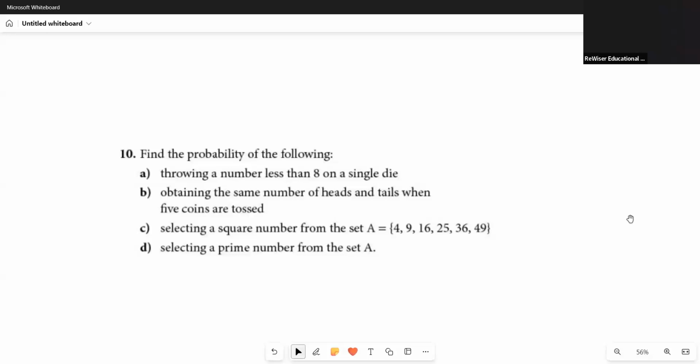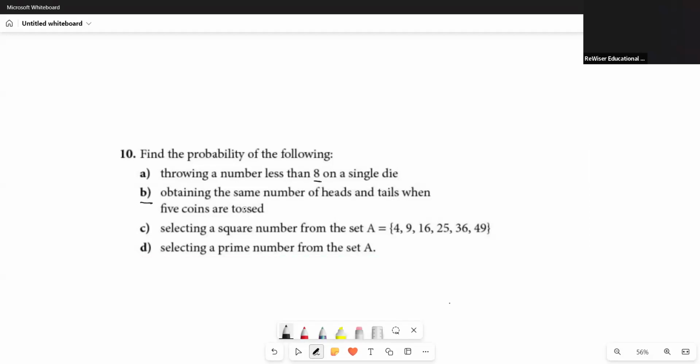Throwing a number less than 8, like 1, 2, 3, 4, 5, 6, will occur. So if I'm talking about the numbers 1, 2, 3, 4, 5, and 6, the probability has to be 1. But the number 7 will never occur. So that's how we have to respond to these questions.